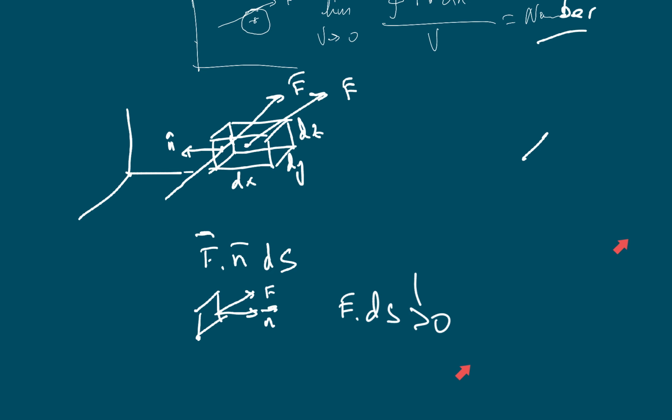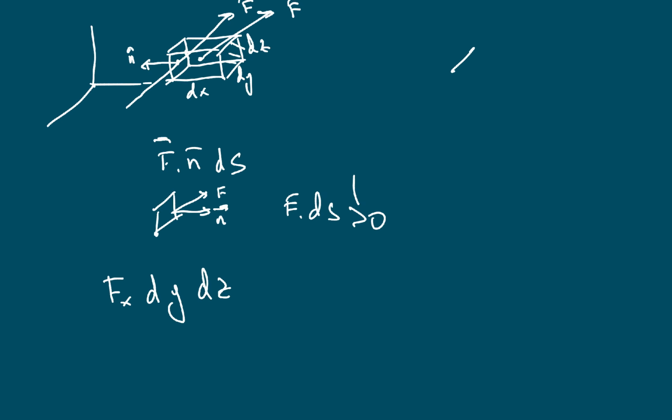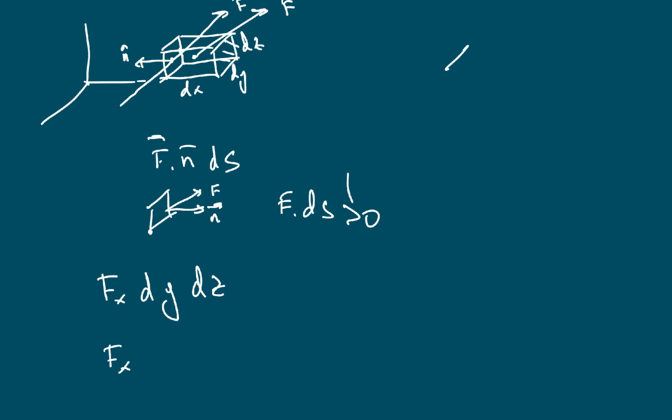So let's do it. You see that to find the flux over this surface, we need to find f_x times dy dz. And to find the flux through this area, we need to find the vector field that exists also for dy dz.